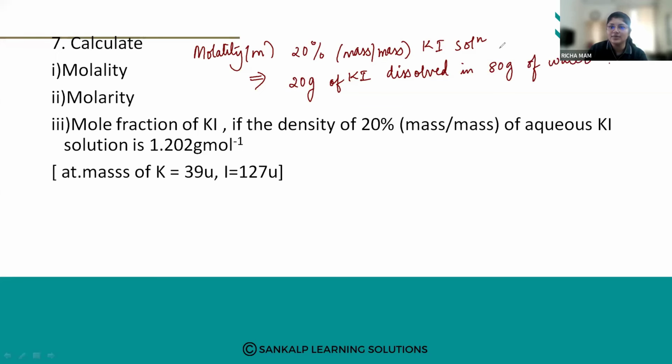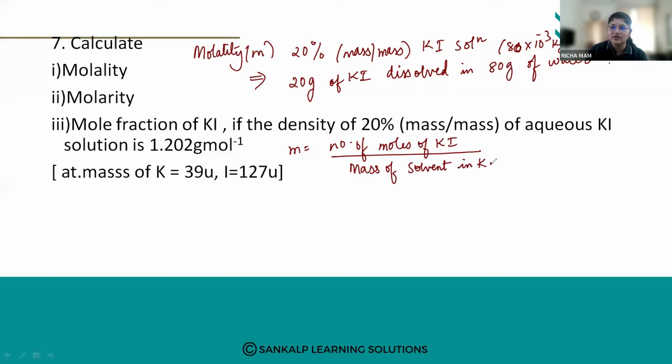So 80 grams can be converted into kg as 80 into 10 raised to minus 3 kg. So molality can be calculated as number of moles of KI divided by mass of solvent in kg. So what is number of moles of KI?